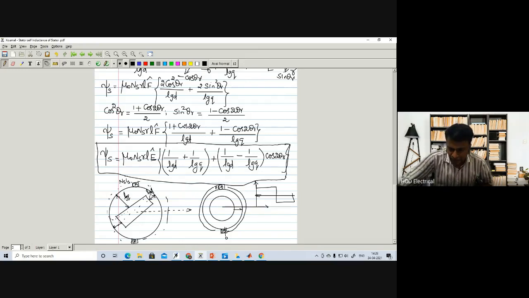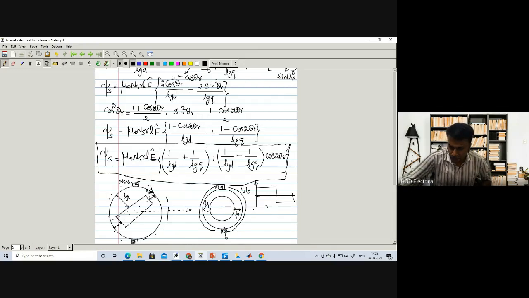The length of the air gap here is uniform, so we can write all the length as LG. With this we can write Ampere's circuital law. The number of turns in the stator is Ns and the current flowing through the stator is Is.